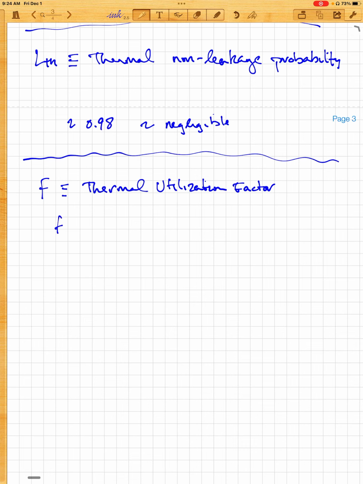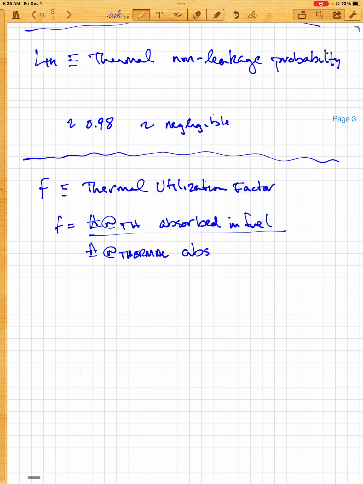That is the number of thermal neutrons that are absorbed in the fuel, the ones who made it, who went and did what they were supposed to do, to the number of thermal neutrons absorbed in the core. What does the core mean?